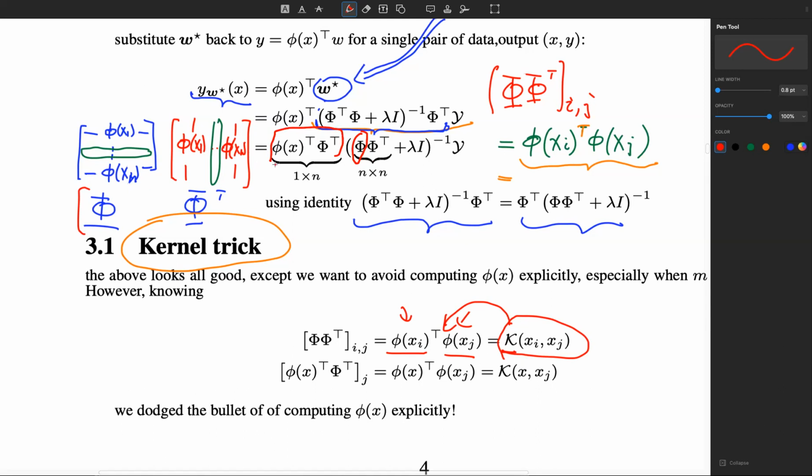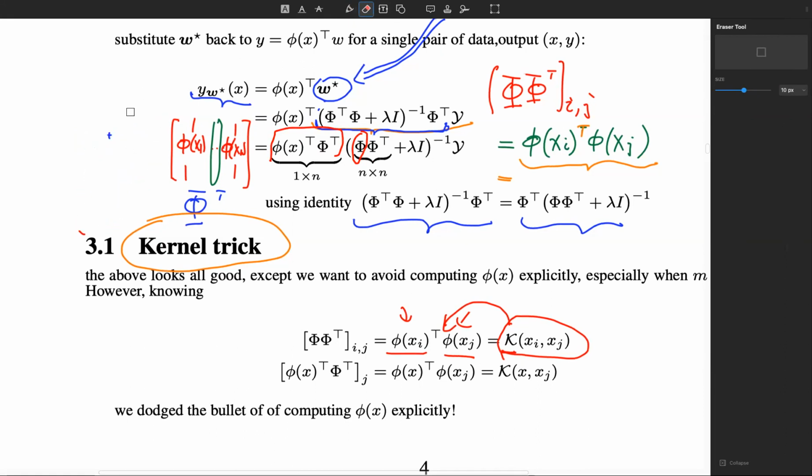Well, if you think about this, I am just going to erase this. So if I have phi times that, I just have a single phi x transpose. So this is just this bit. All I'm doing is computing the kernel function value between it and that.